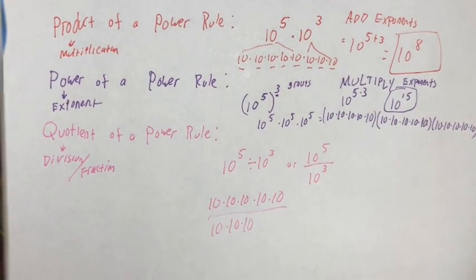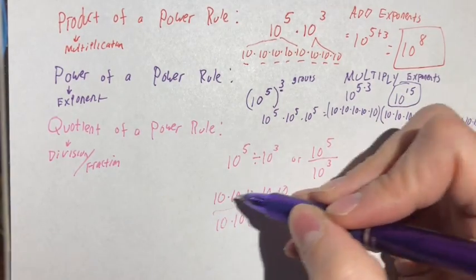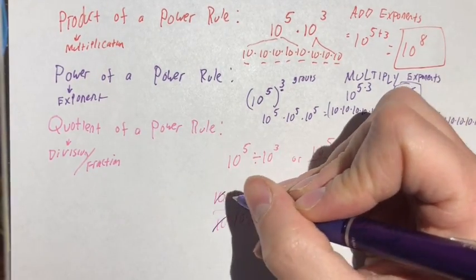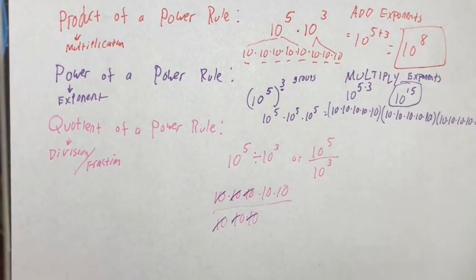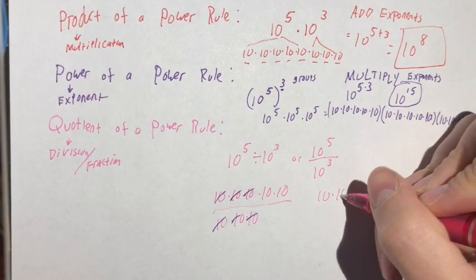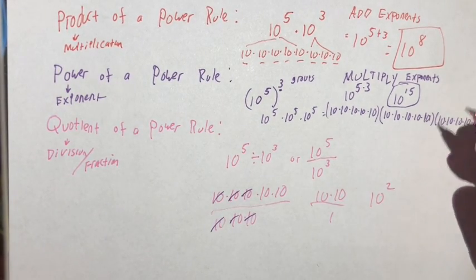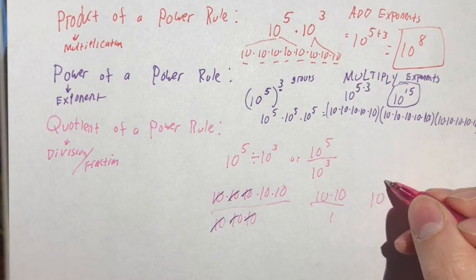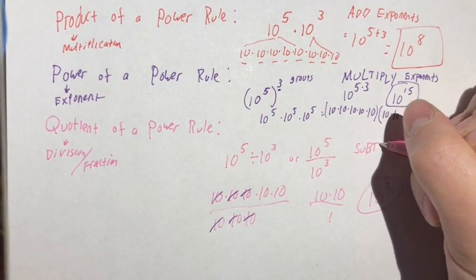And I'm going to simplify this by saying, well, all right, I've got 1,000 extra being multiplied on each top and bottom. So get rid of 3 factors of 10. So then I'm just left with 10 times 10 over 1, which is just 10 squared. So really, I can subtract exponents.